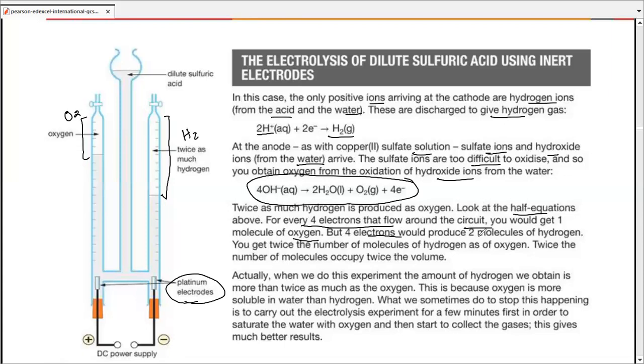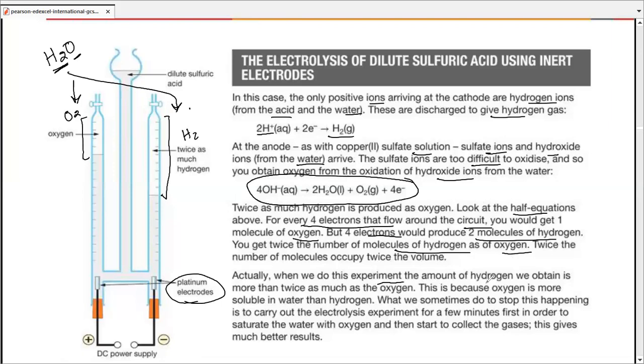But 4 electrons would produce 2 molecules of hydrogen. So that's why we have twice the molecules of hydrogen than oxygen. Actually, if we look at the formula of water, we have twice the number of hydrogen atoms than oxygen. So it's easy to see that we'd get more hydrogen gas than oxygen.